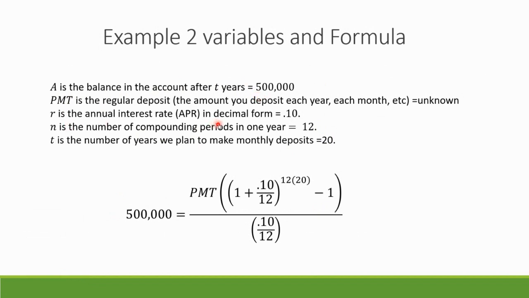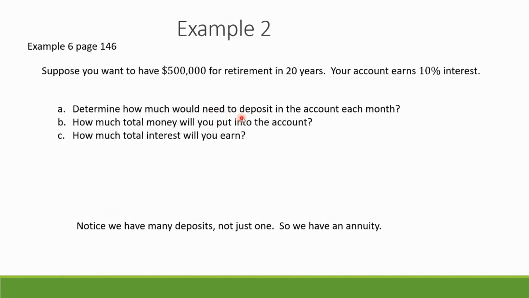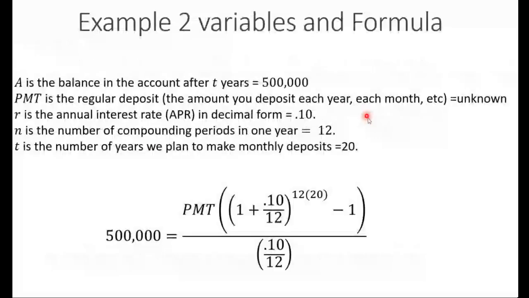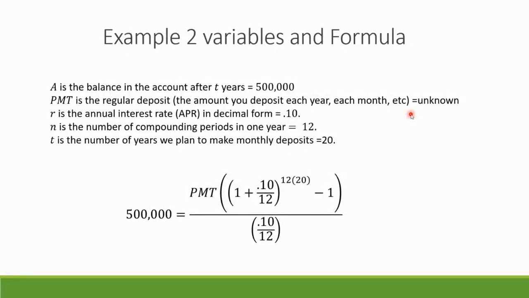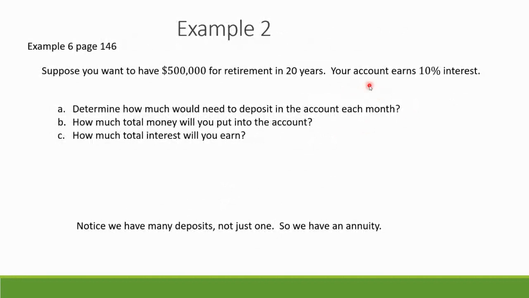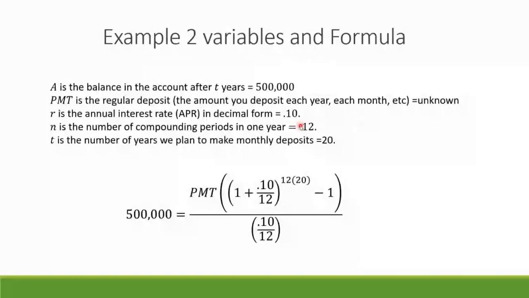PMT is what we're looking for. They say, how much do we need to deposit each month? So that's unknown. The R is 10%. We convert it to a decimal, so we get 0.10 or 0.1. Remember, with compounding, unless stated otherwise, we're always assuming it's compounded as often as we make deposits.